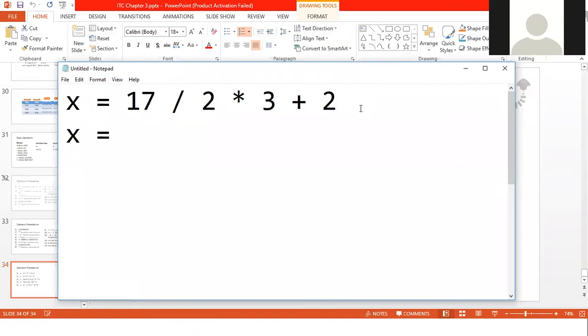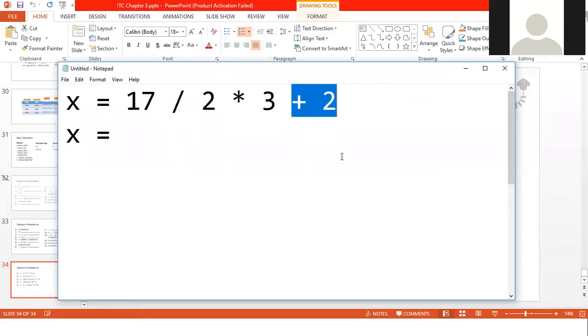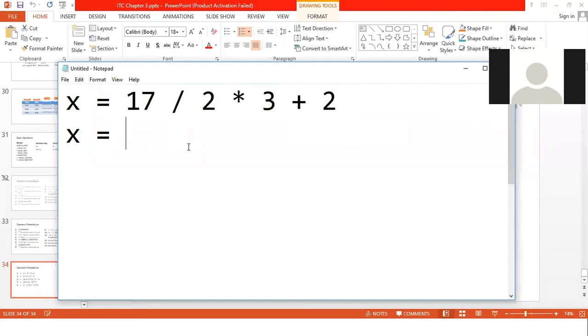So we have 3 operations: division, multiplication, addition. Division and multiplication, same level. That's the level 4. And addition is level 5. Meaning, unahin natin itong dalawa. Last yung addition. Among the two, sino mauna? Multiplication or division? Division, ma'am. Why? Because we follow the left to right.